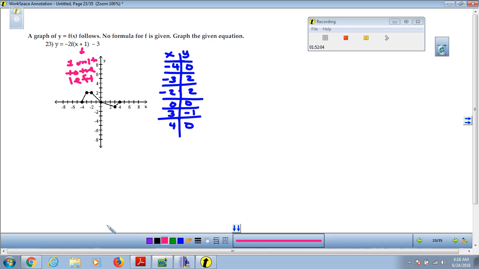When I'm moving a graph to the sides, to the left or to the right, I'm either adding or subtracting. If I have within a grouping symbol, a parenthesis, in this case x plus 1, I'm going to do the opposite of the plus. I'm going to subtract. In this case, you're going to subtract 1 from the x's. So from all these x values, I'm taking away 1. That's what I'm going to do here.